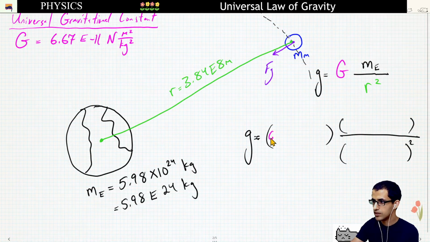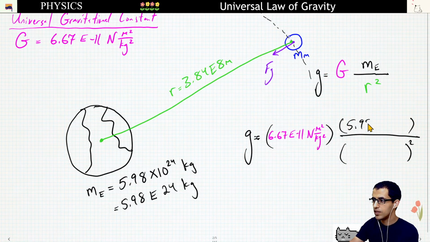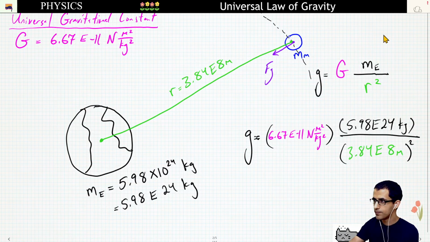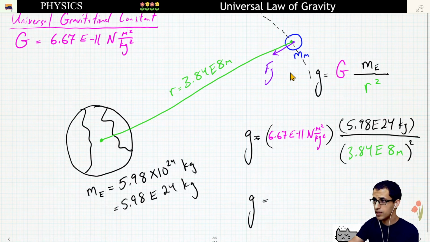So this number is 6.67 times 10 to the negative 11 newtons times meter squared over kilogram squared. The mass of the Earth is this value here, 5.98 times 10 to the 24 kilograms. And then we divide by the distance squared, 3.84 times 10 to the 8 meters. We can plug these values into our calculator and get the G value at this location near the moon.